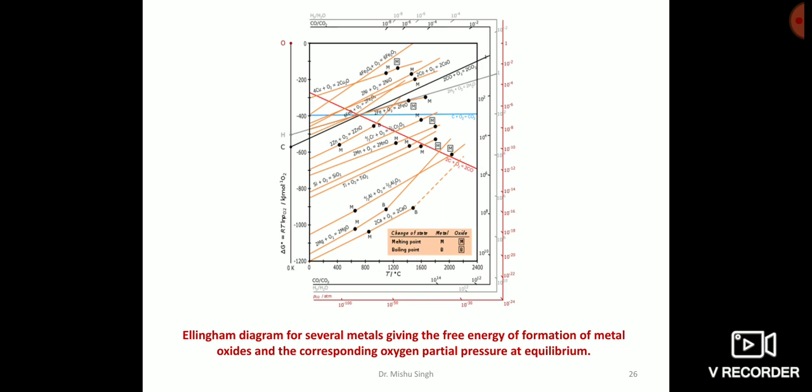For example, in the zinc to zinc oxide plot, at the boiling point of zinc, there is an abrupt increase in the positive slope of the curve. Similarly, the positive slope of the magnesium to magnesium oxide curve increases abruptly at the boiling point of magnesium. The small circles or dots here indicate the melting points and boiling points of the metals.